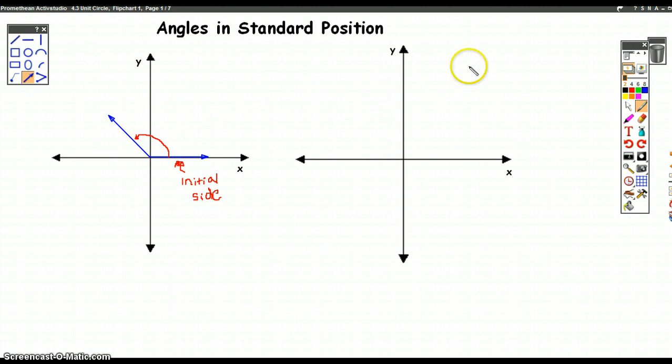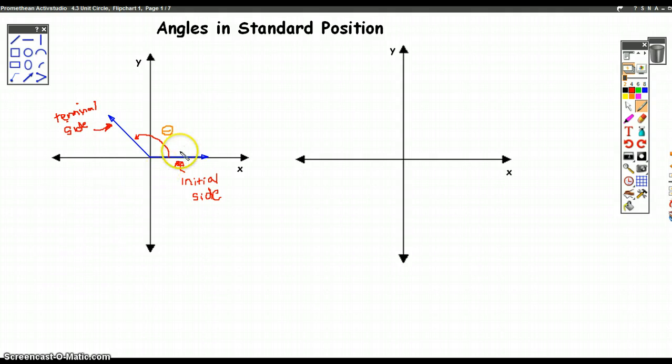Okay, and we've rotated an angle, so we'll call it theta. Where we end is called the terminal side of the angle. So you'll want to know these terms if they show up in problems, as they will soon.